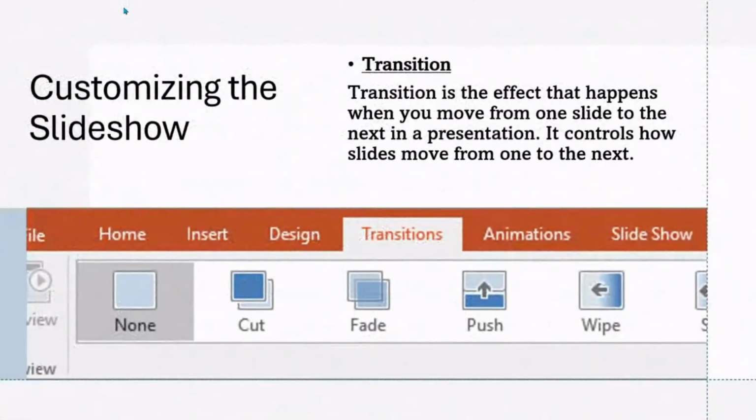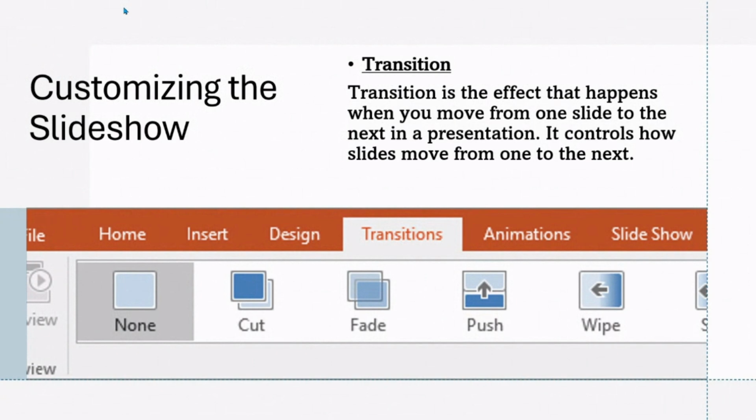Another important concept is transition. Transition is the effect that happens when you move from one slide to the next in a presentation. It controls how slides move from one to the next. So you realize that transition is different from animation.